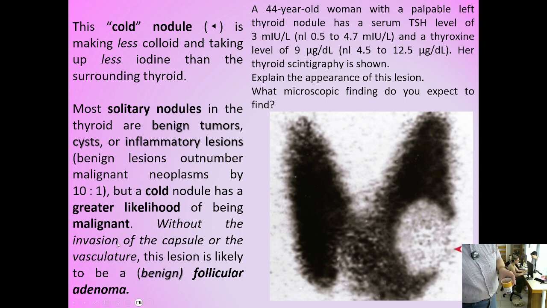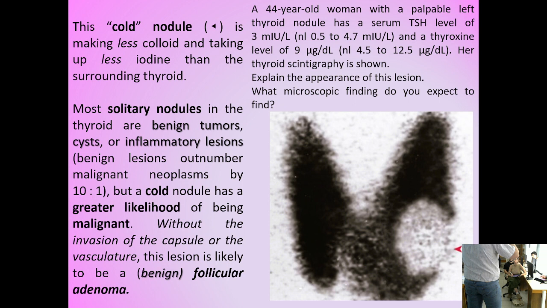And without the invasion of the capsule or the vasculature, this lesion could be a follicular adenoma, meaning that we have a lesion, a nodule, composed of follicles, thyroid follicles, in which, however, we do not see the nuclear features of papillary carcinoma.